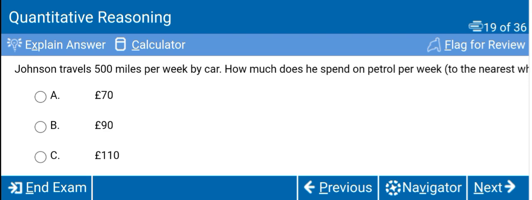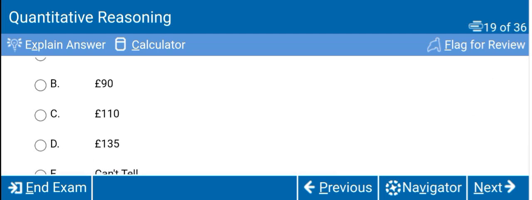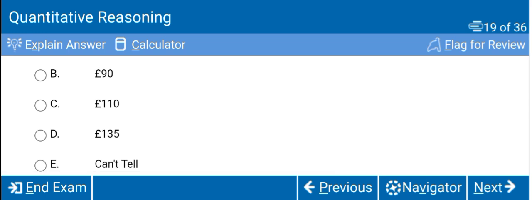Option A 70 pounds, option B 90 pounds, option C 110 pounds, option D 135 pounds, option E can't tell.